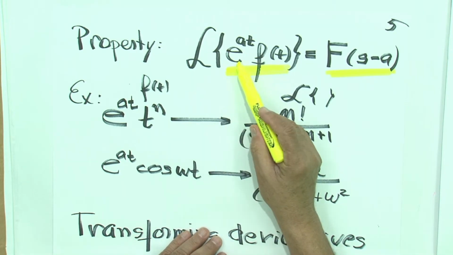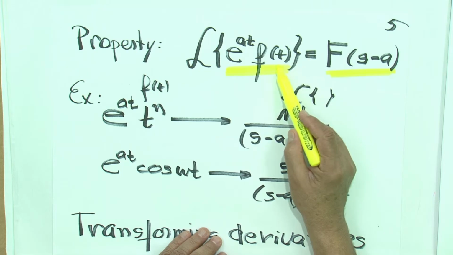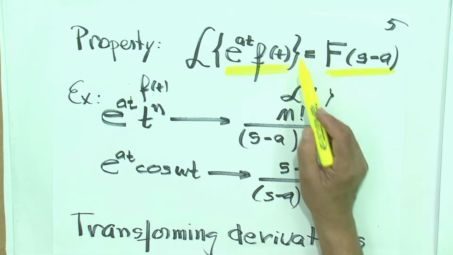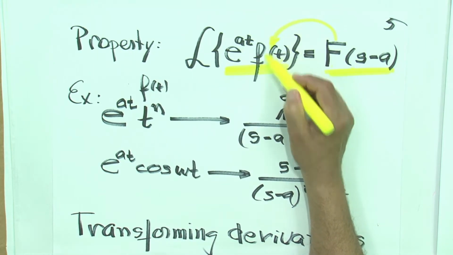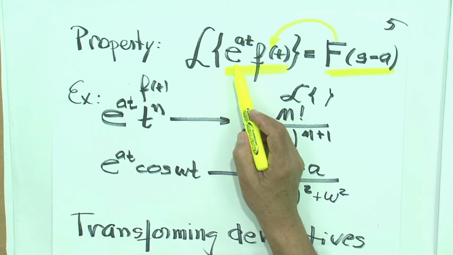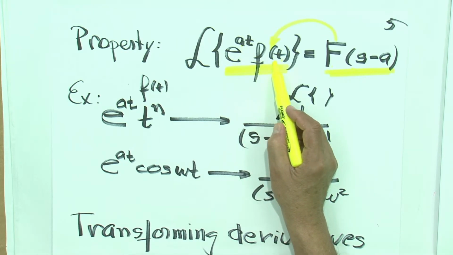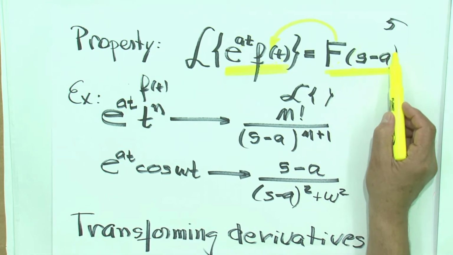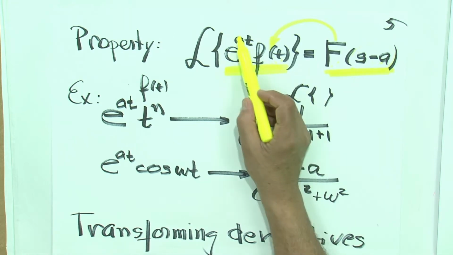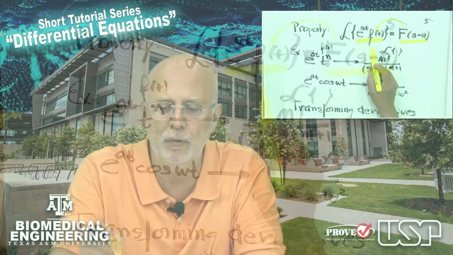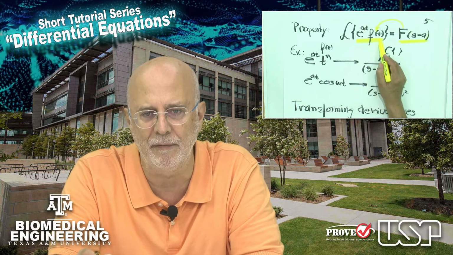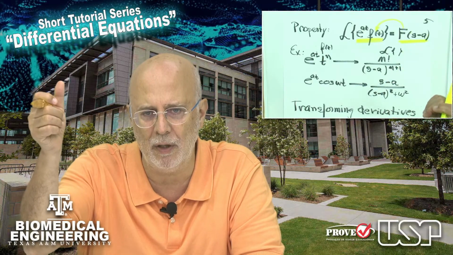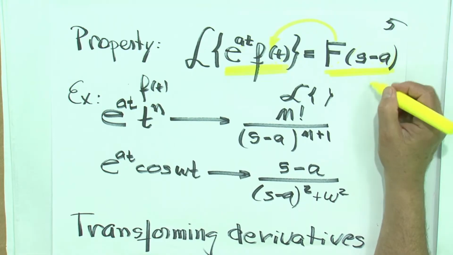So if F is the Laplace transform of small f, then the Laplace transform of exponential of at times f of t is basically the Laplace transform now on the variable s minus a. I already showed you this, because when we do the transform of an exponential multiplied by the function, we just get minus s minus a on the top, and then you redefine the variable, right?